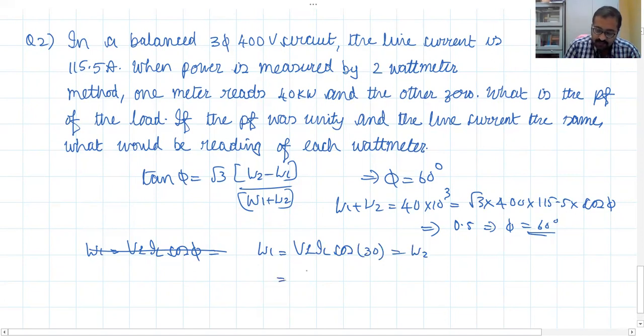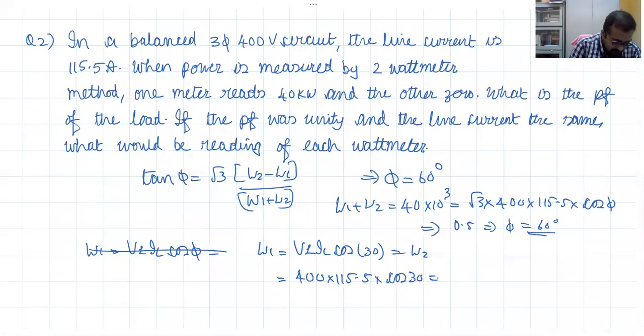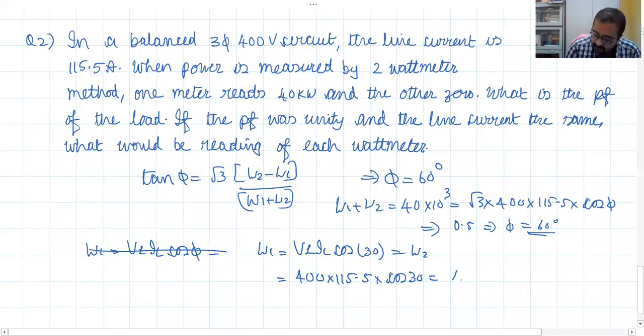So you can just substitute VL as 400 volt and IL as 115.5, into cos 30. 400 into 115.5 into cos 30 will be 40 kilowatts. So your W1 would have read the same as W2, close to 40 kilowatts.